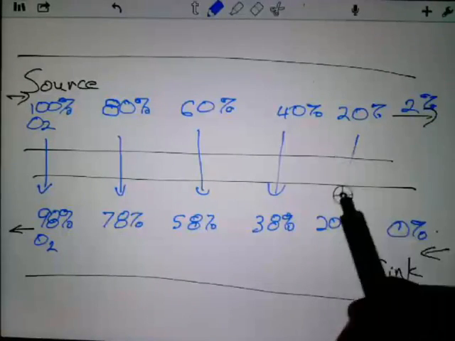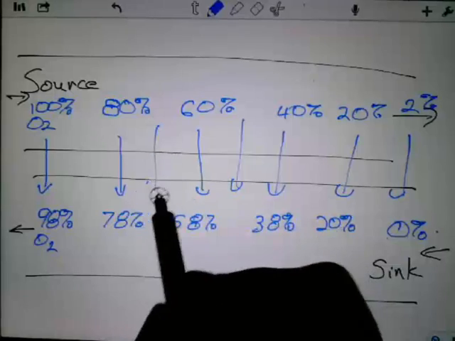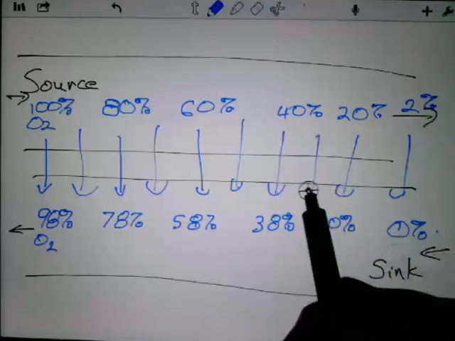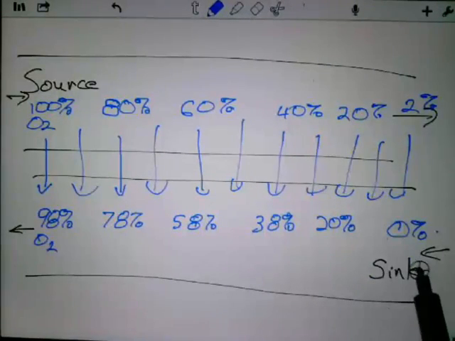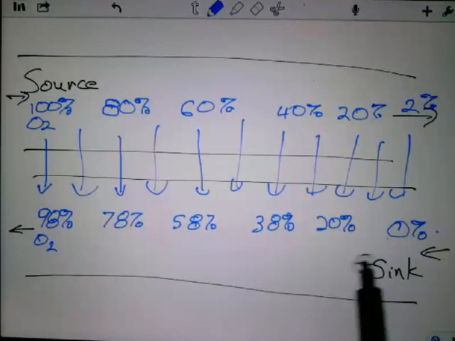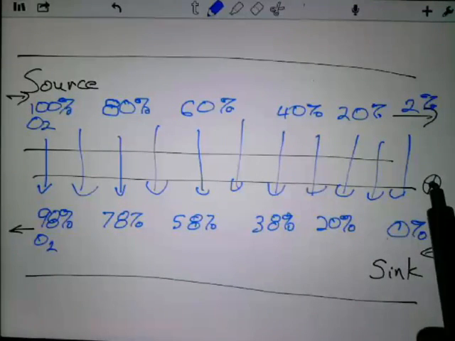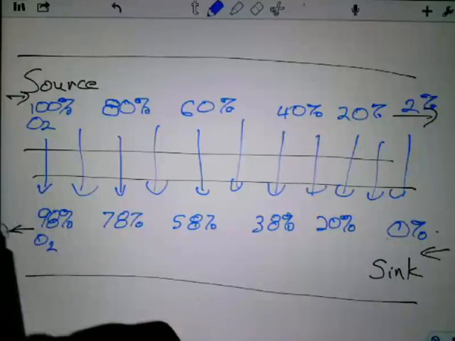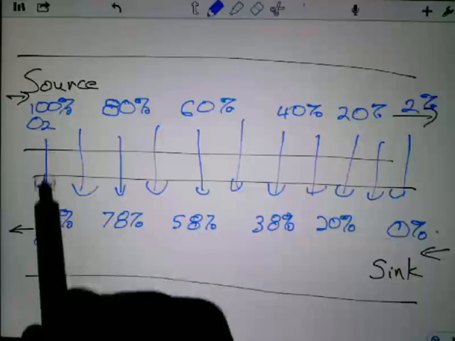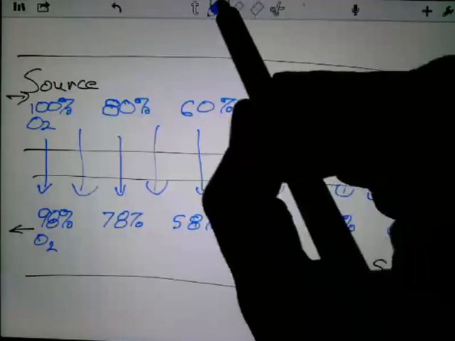At every point all along here, and in fact you could even presume at every point in between, there would always be a little less oxygen in the sink than there is in the source. The result would be along the full length, oxygen would move, and as long as the pair of tubes was long enough, you'd get to nearly all of the oxygen winding up in the sink and almost none left behind in the source when it leaves.